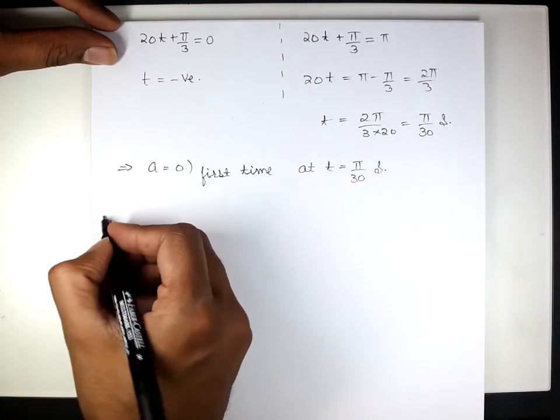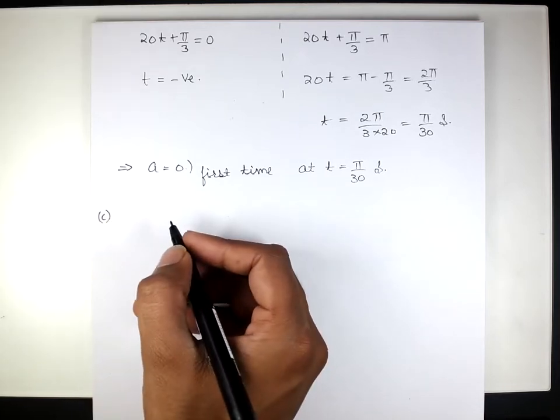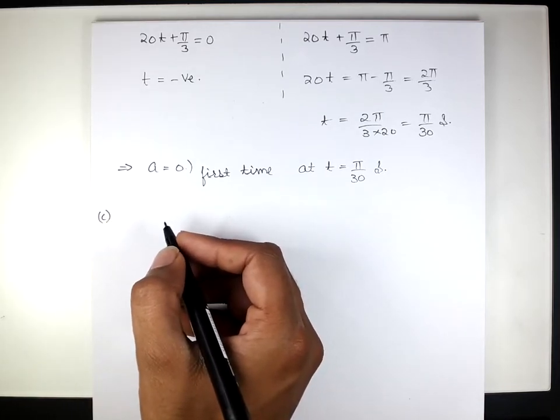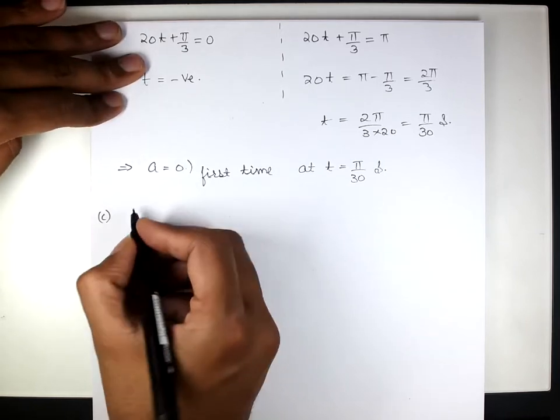In the next part, the C part, we need to find out the first time when the speed is maximum.